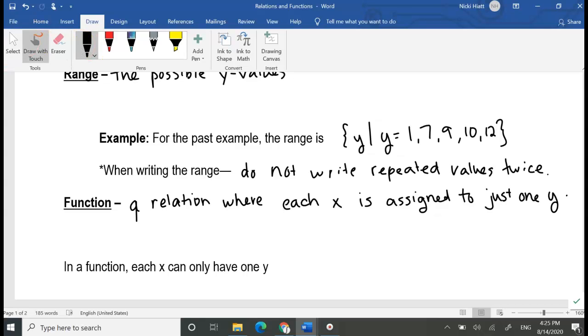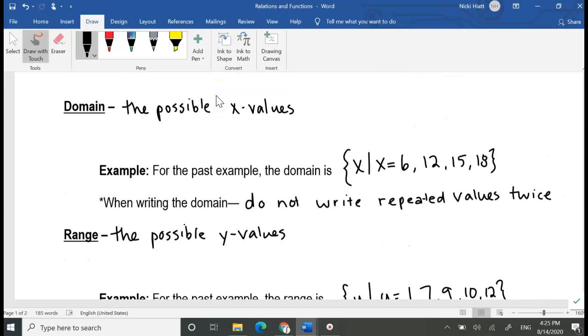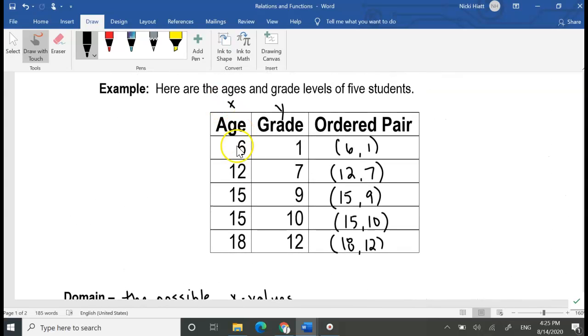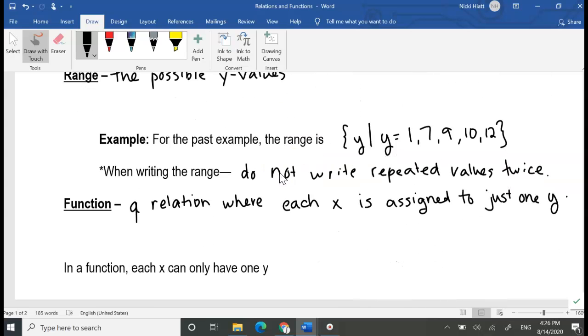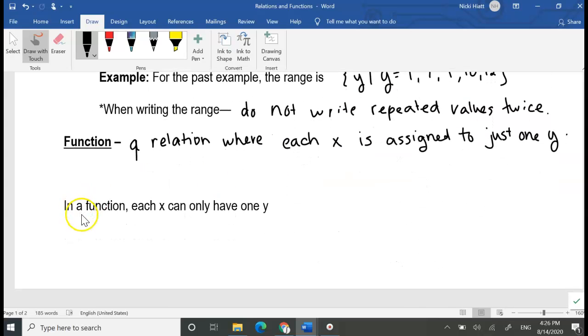So if we look back up at the relation we had, 6 goes with 1, 12 goes with 7, 15 goes with 9, but 15 also goes with 10. So this single x value, 15, goes with two different y values. So this would be an example of something that is not a function, because one of your x's goes with two different y's. Okay, so in a function, each x can only have one y.